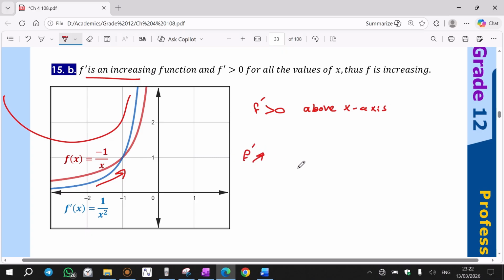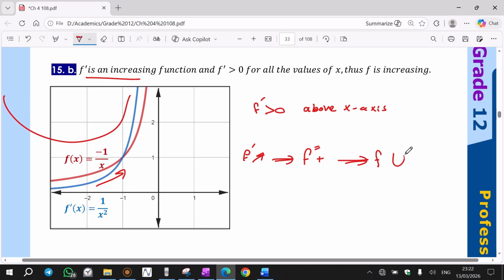And f prime is increasing, which makes f concave. We said we have 3 pieces of information. If you see any of them, you can write the other 2. F prime increasing, f double prime positive, f concave.